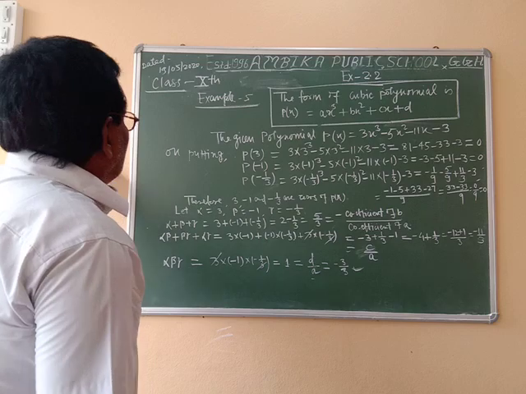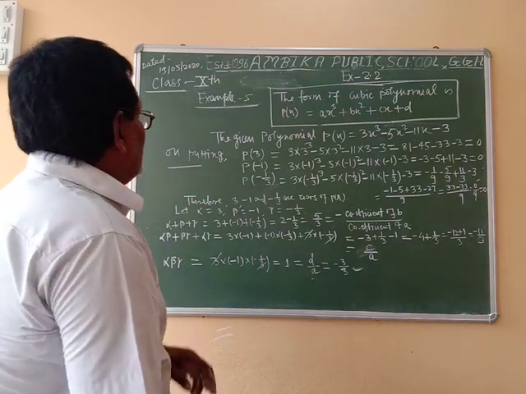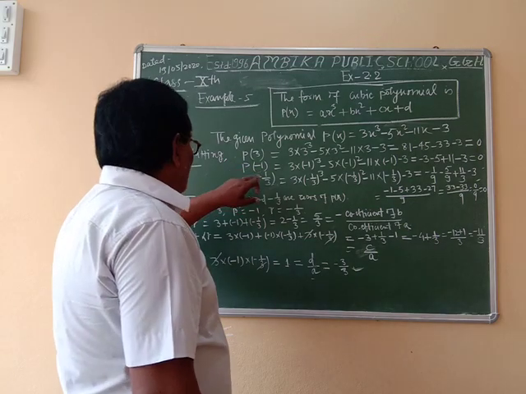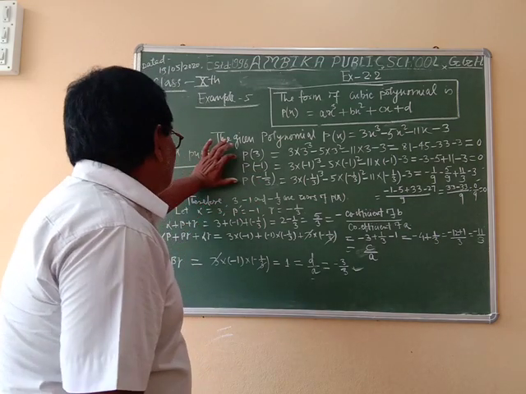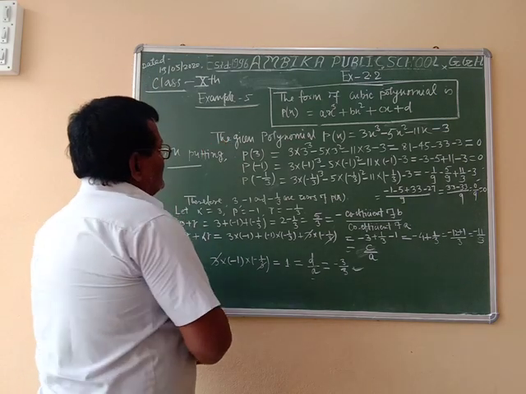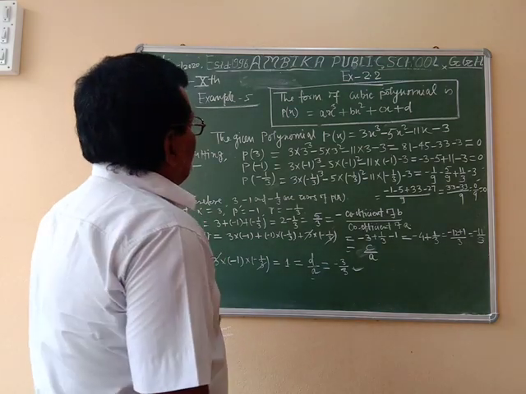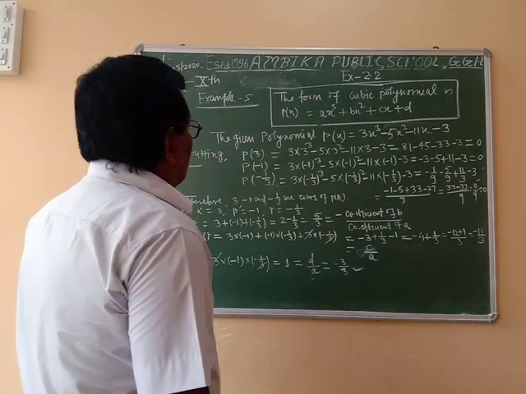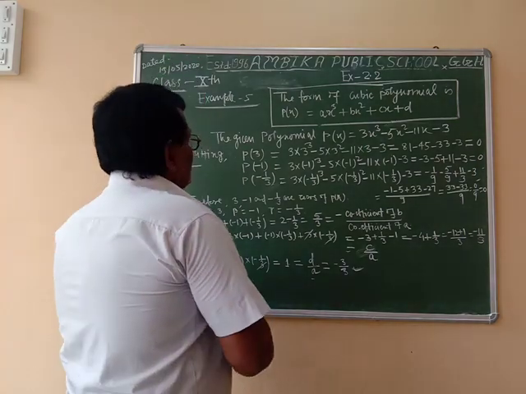In the question we have to verify that 3, -1 and -1/3 are the zeros of the polynomial Px. To verify the zeros of the polynomial, we put the values of the zeros in Px respectively.